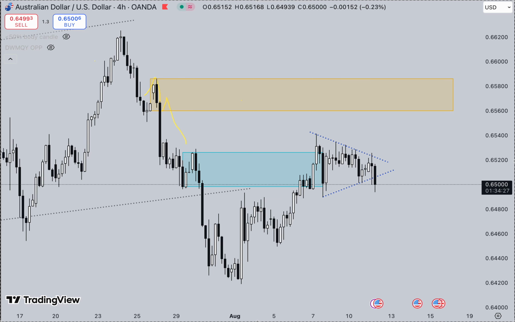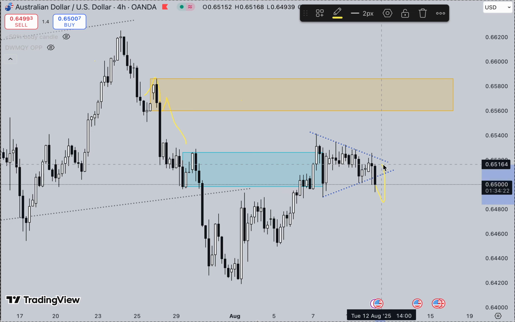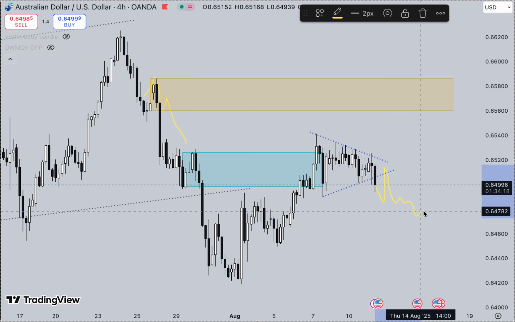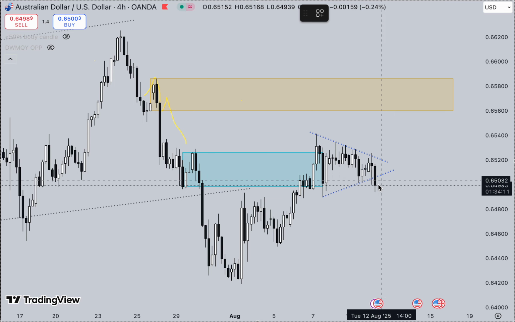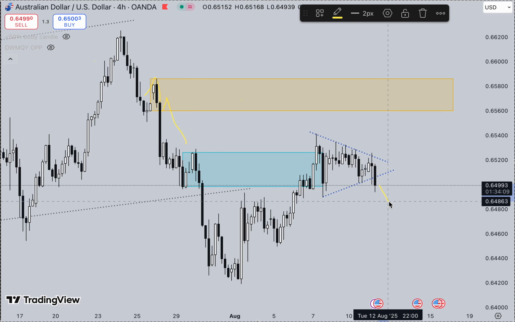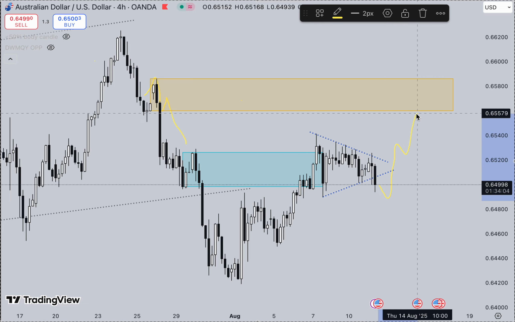Or we can also sweep this low, then have this V-shaped reversal, come into the supply. Then if we have a change of character, we start to look for that sell. If not, we just follow the market prices higher.